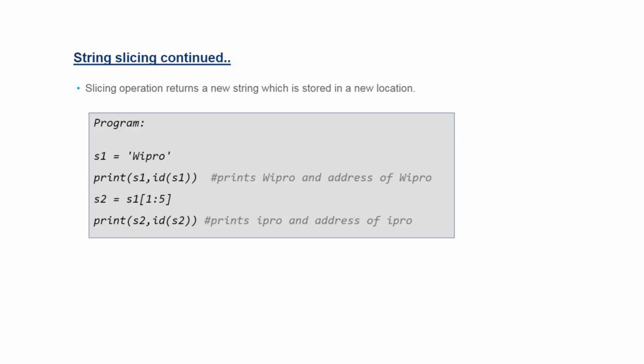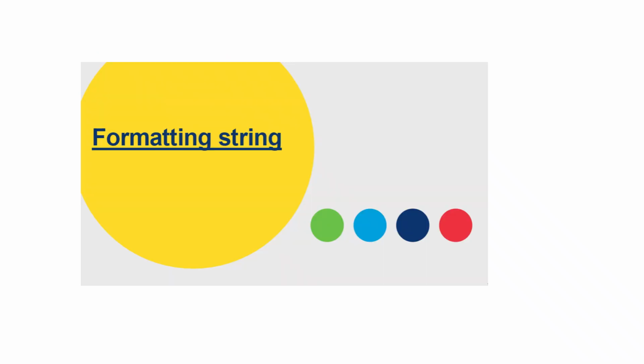Print of S2 comma id of S2 means again it prints it. See there, S1 of 1 colon 5 means it starts printing from index 1. So index 1 excludes the letter W and the rest will be printed, along with the address.